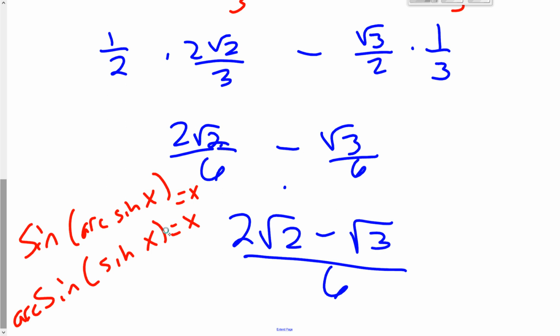So I'm taking arcsine of sine x. Well, sine x just gives me an answer, and then I'm asking, okay, what is the angle that gave me that answer? That's what arcsine is asking. So sine is saying, hey, I'm going to give you an answer, and then arcsine is saying, hey, what's that number that you plugged in that gave you that answer? Well, that's x. Okay, so just a little quick note.